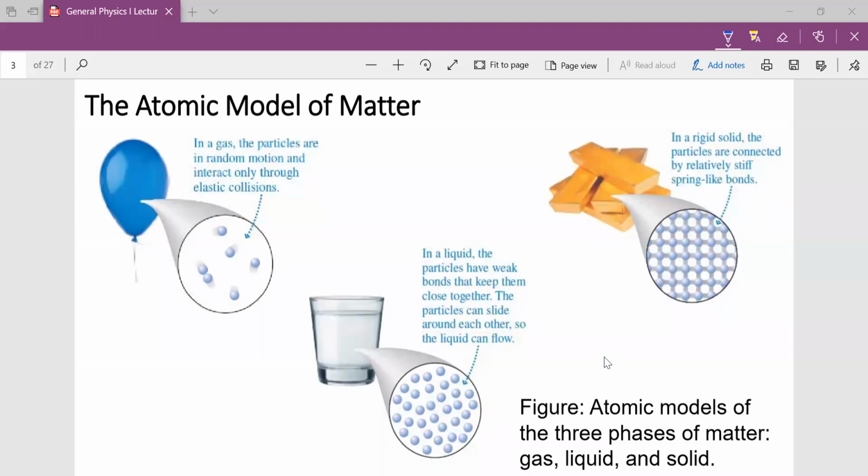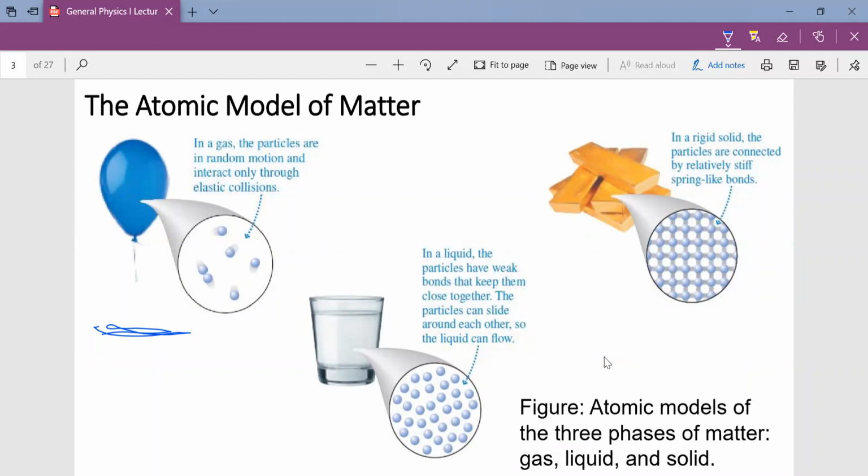So when we see an expanded view of the particles of a gas, we first want to make an assumption that we use the spherical shape to represent all the particles of these various models.